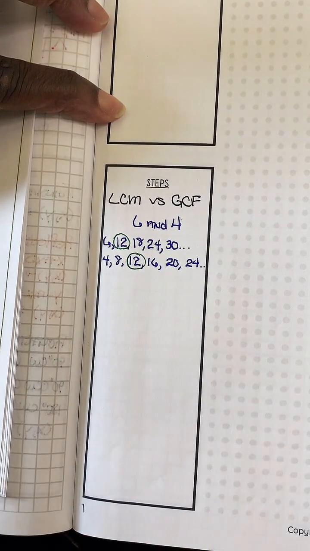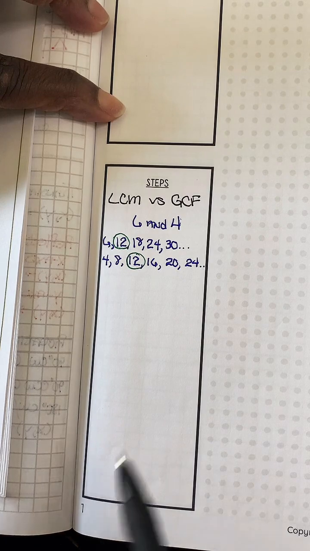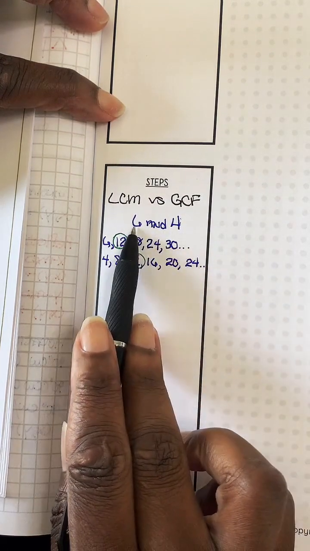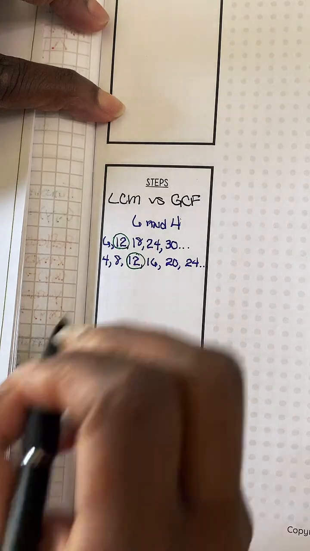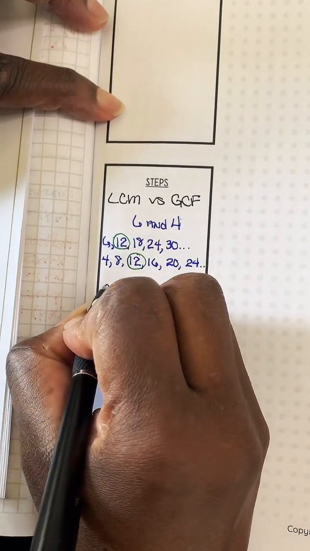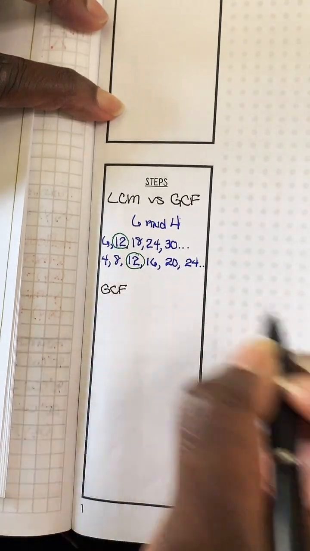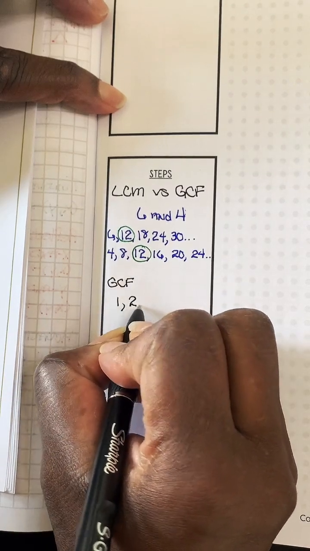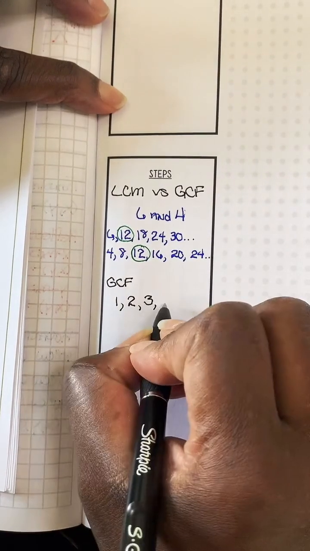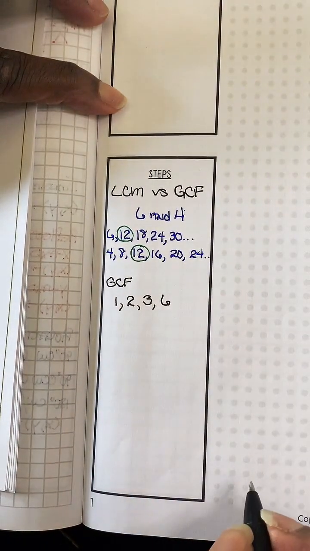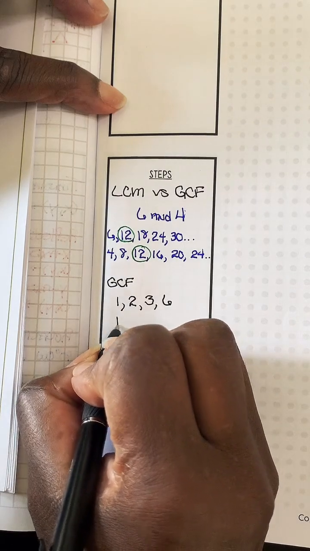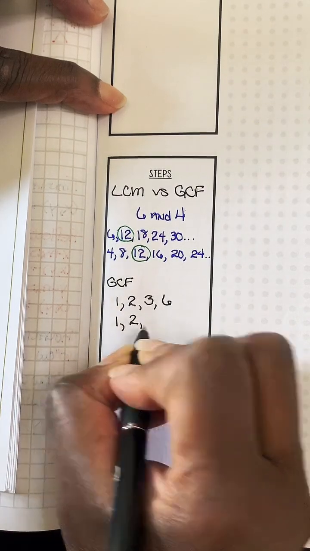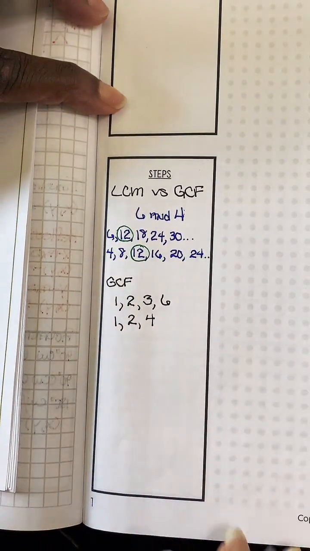All right. Now, when we're doing the GCF, the greatest common factor, that means we want to know which multiplication table has 6 and 4 involved. So I'm going to go here for GCF. 6 is always involved in the 1 times table, the 2 times table, the 3 times table, as well as the 6 times table. For the 4s, you will find in the 1 times table, the 2 times table, and the 4 times table.